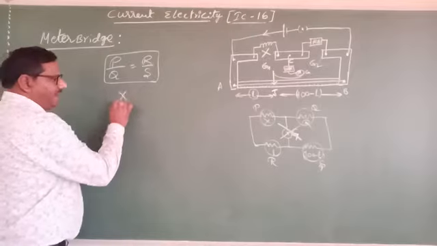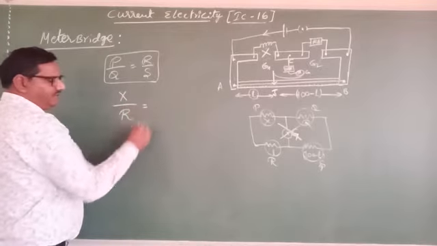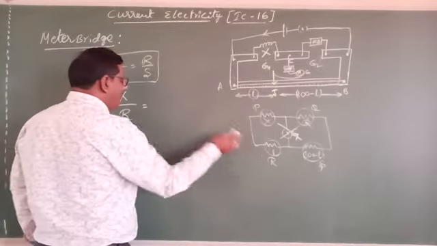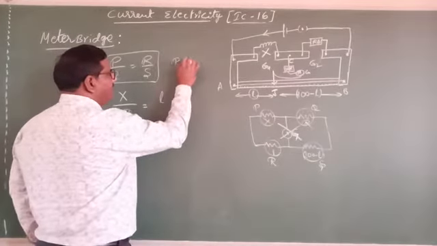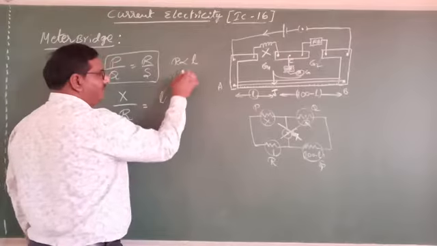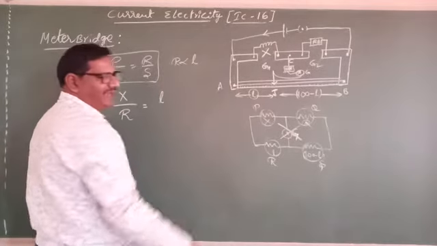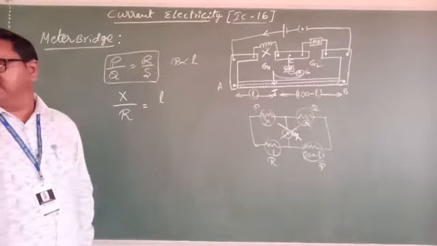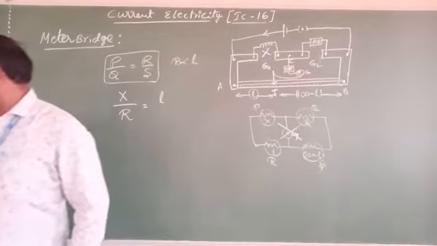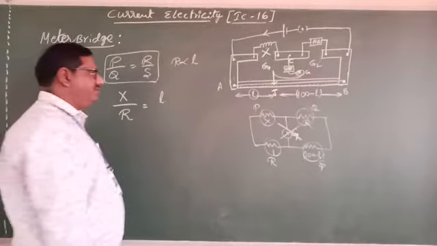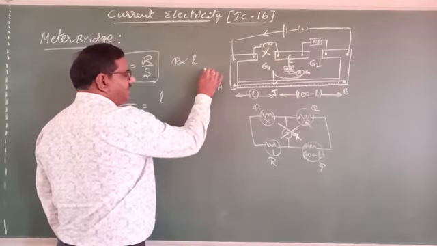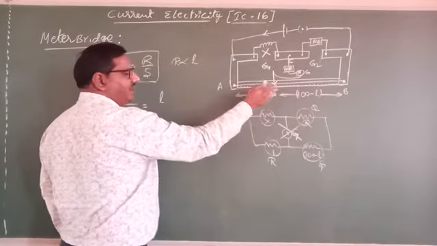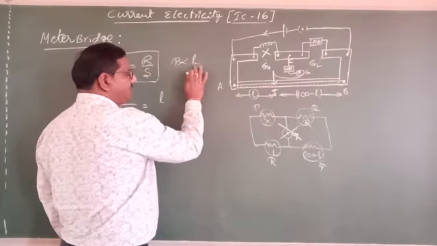So, X by R equal to, here we have L. Resistance R is directly proportional to L. The total meter wire has a uniform area of cross section for both sides, so we can neglect the area.